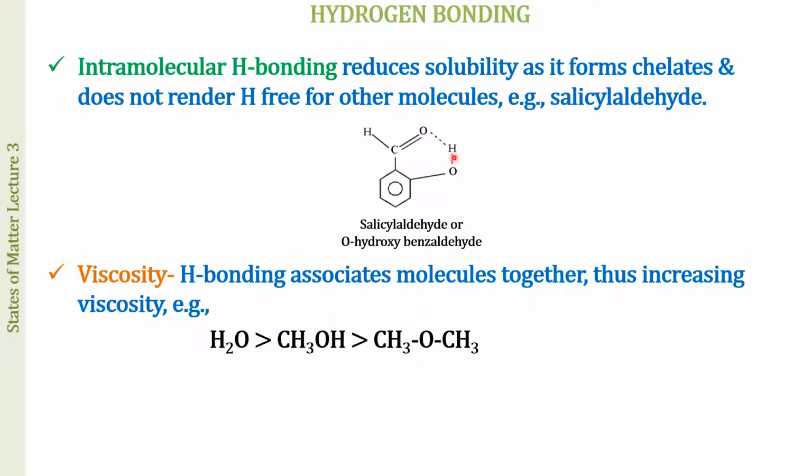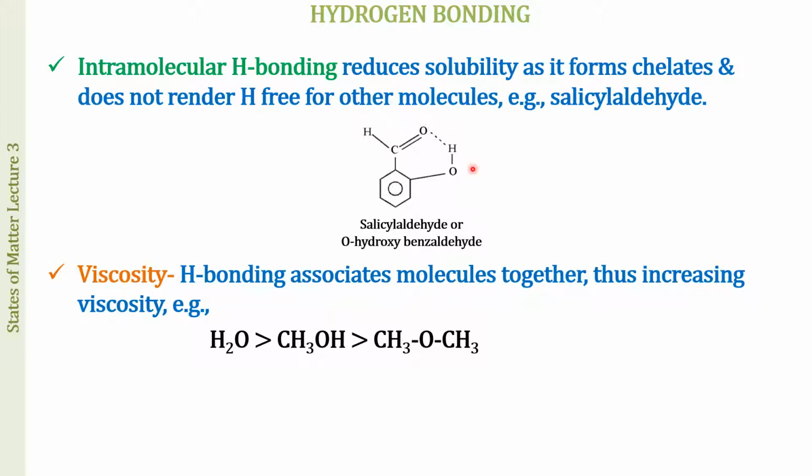Because this hydrogen is forming hydrogen bonds in the molecule itself. There was an electronegative oxygen present in the molecule, so this formed hydrogen bonds over here only, and now this is no longer free to form hydrogen bonds with the water molecules. So what is going to happen? The intramolecular hydrogen bonding has reduced the solubility as it has formed chelates.